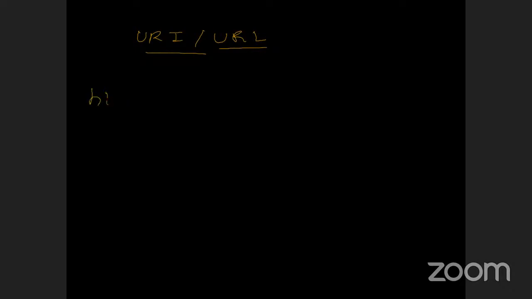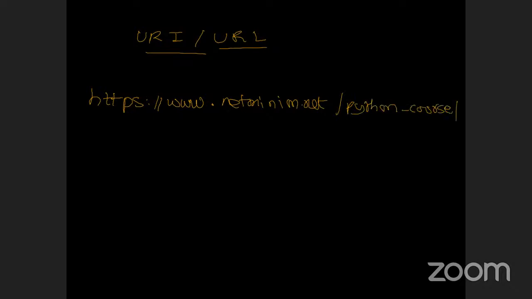Let us say one is accessing https://www.NetMinion.net, then maybe the Python course, and then searching for module equal to 3 or whatever. I am giving you one very common example of a URI or URL, to show what the different components of a URL are.